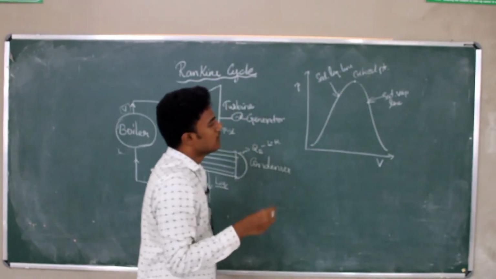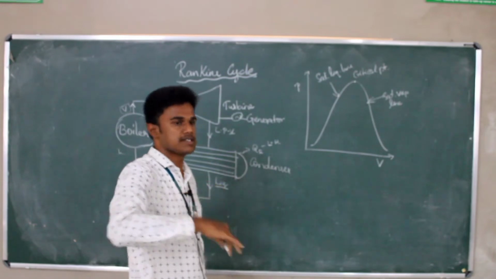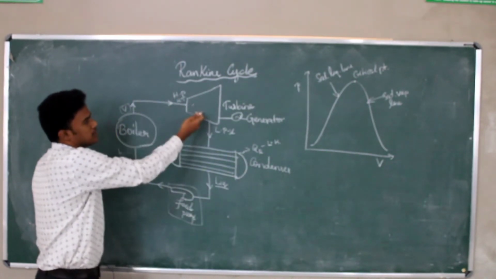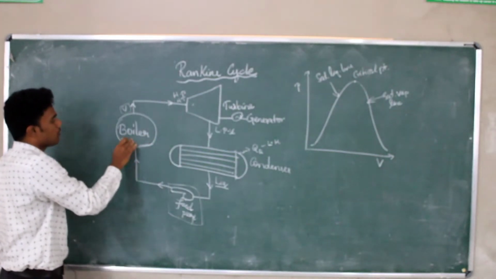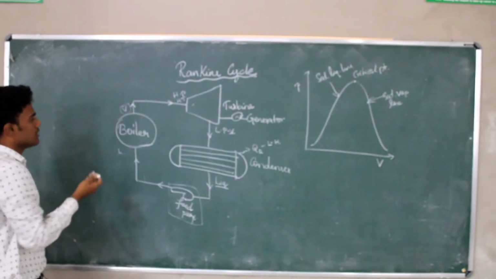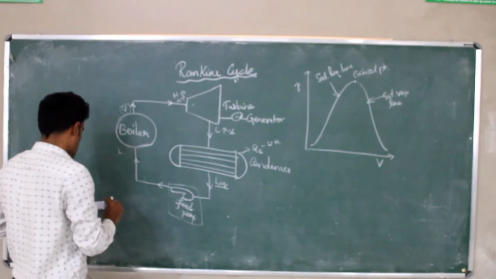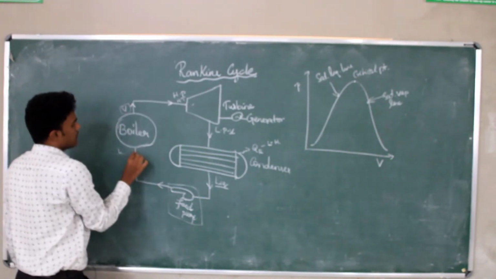First of all, we need to know the various processes involved. From the boiler to the turbine, what is happening? At the boiler, heat is added at constant pressure.